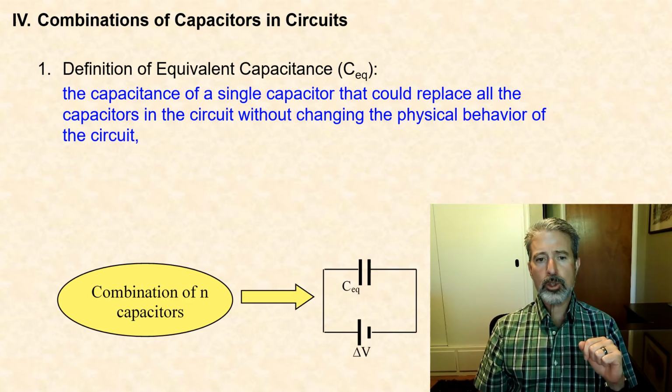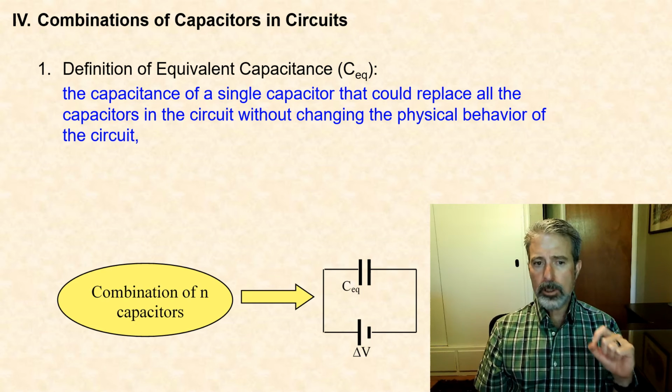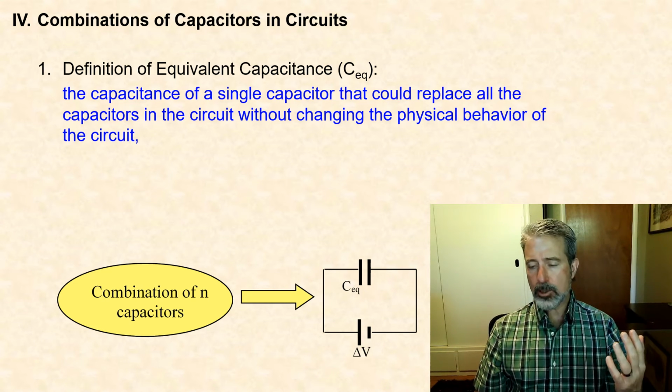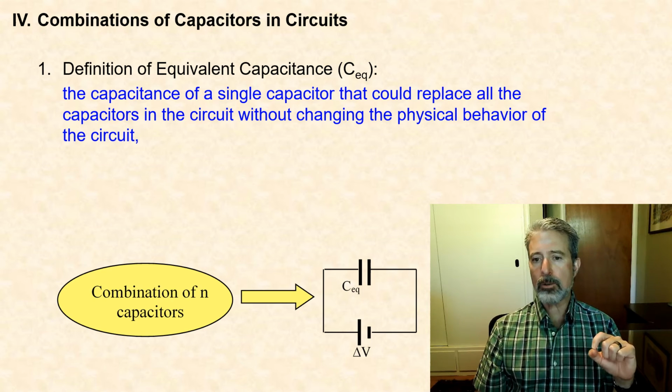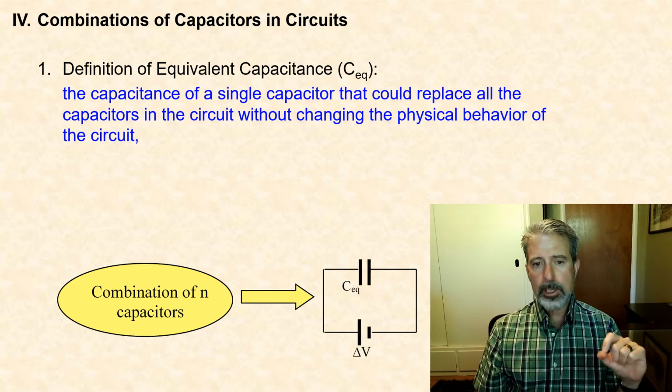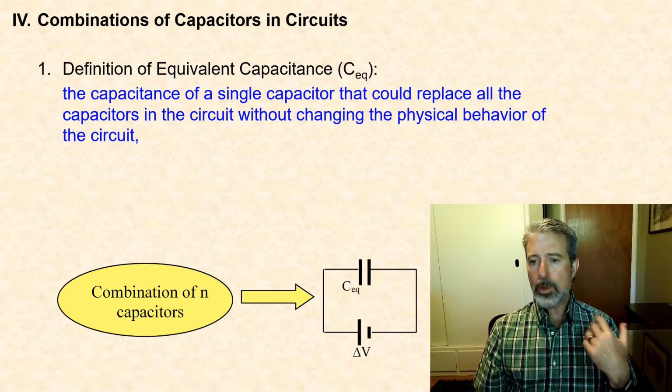So basically we're saying that the equivalent capacitance for a combination of capacitors in a circuit would be the capacitance of a single capacitor that could replace all of the capacitors in the circuit without changing the physical behavior of the circuit.